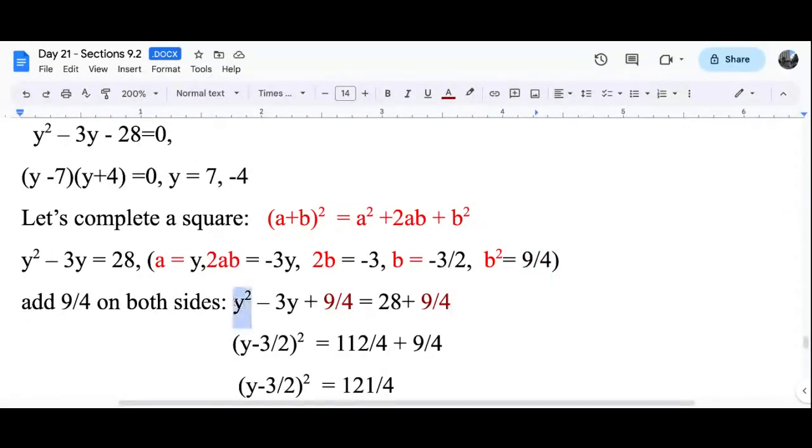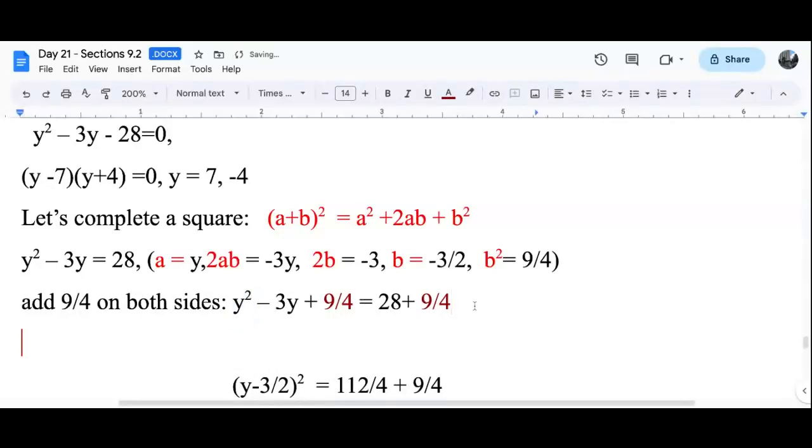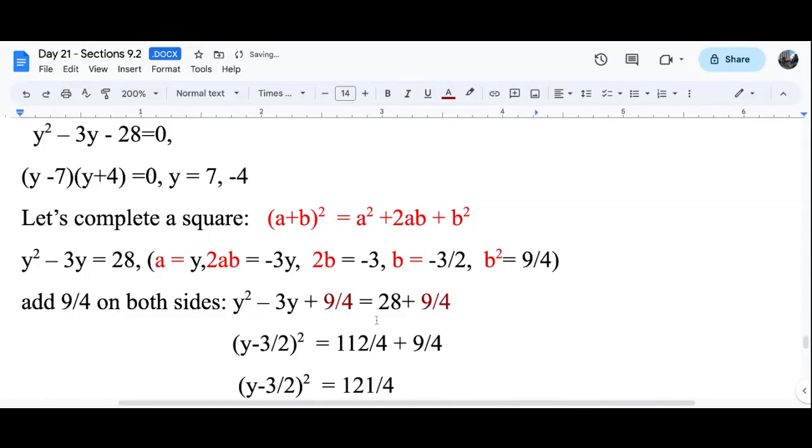So you see here, we have a squared. Let's write this as a squared plus 2 times negative 3 over 2 y plus, well, this is negative 3 over 2, negative 3 over 2 squared. Maybe this makes better sense.